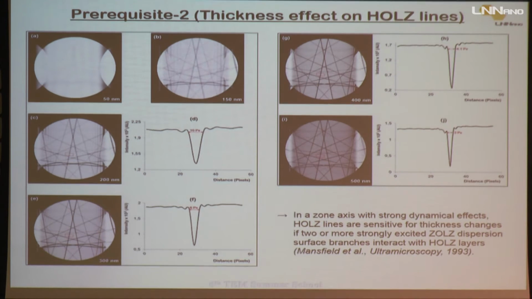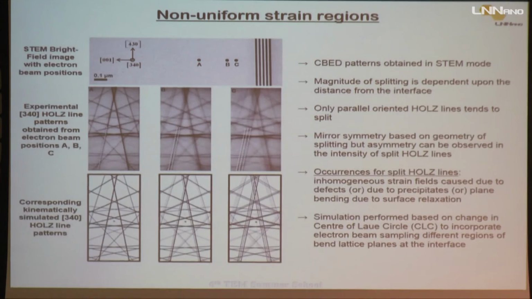This indicates that even though this 340 has some dynamical content, it doesn't influence the HOLZ pattern. So this 340 seems to be an ideal candidate for doing the strain analysis. Next, when doing the strain analysis, we need to understand the strains outside the SLS structure and inside the SLS structure.